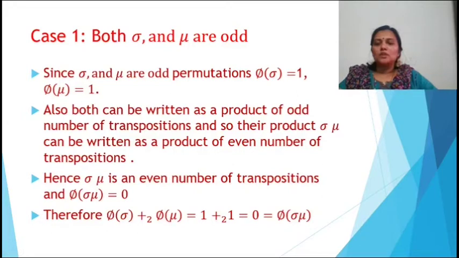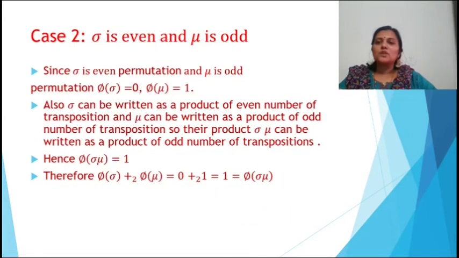So both are odd permutations, so both can be written as product of odd number of transpositions, so their product can be written as odd plus odd, so it's a product of an even number of transpositions. Hence sigma mu is an even number of transpositions and phi of sigma mu is equal to 0. So therefore phi of sigma addition modulo 2 phi of mu is equal to 1 addition modulo 2 1 which is equal to 0 which is equal to phi of sigma mu. So we have shown that the property is satisfied in the first case.